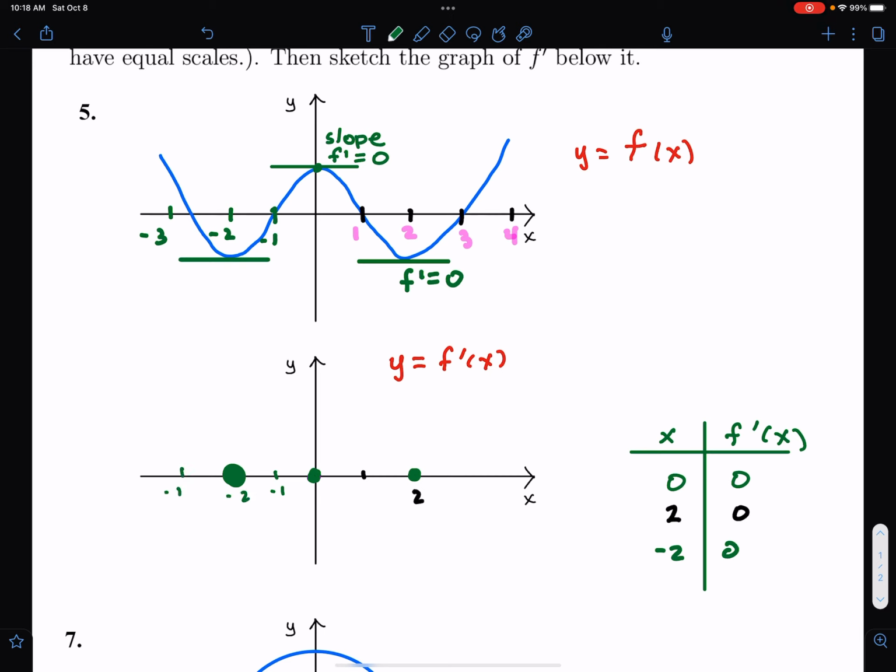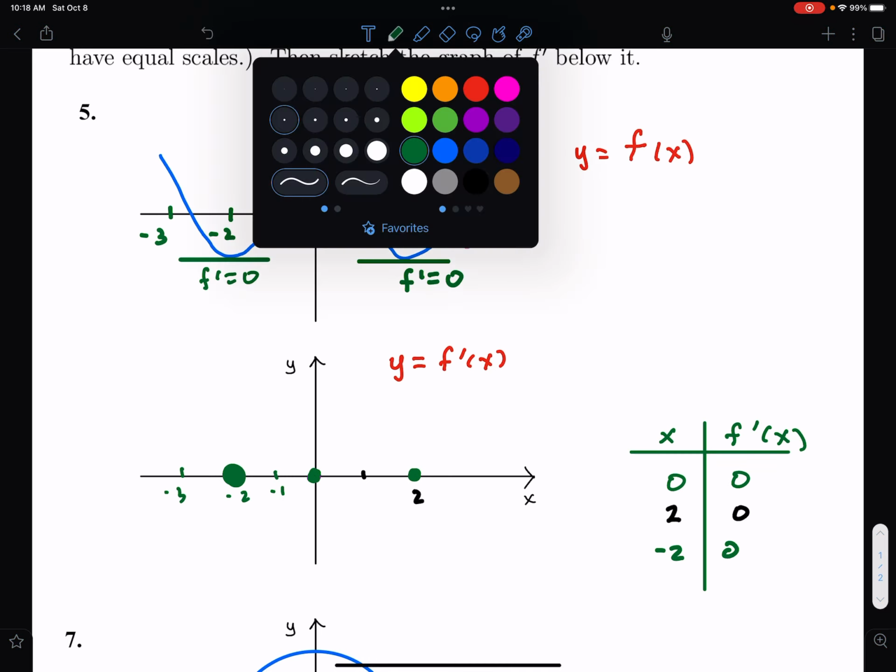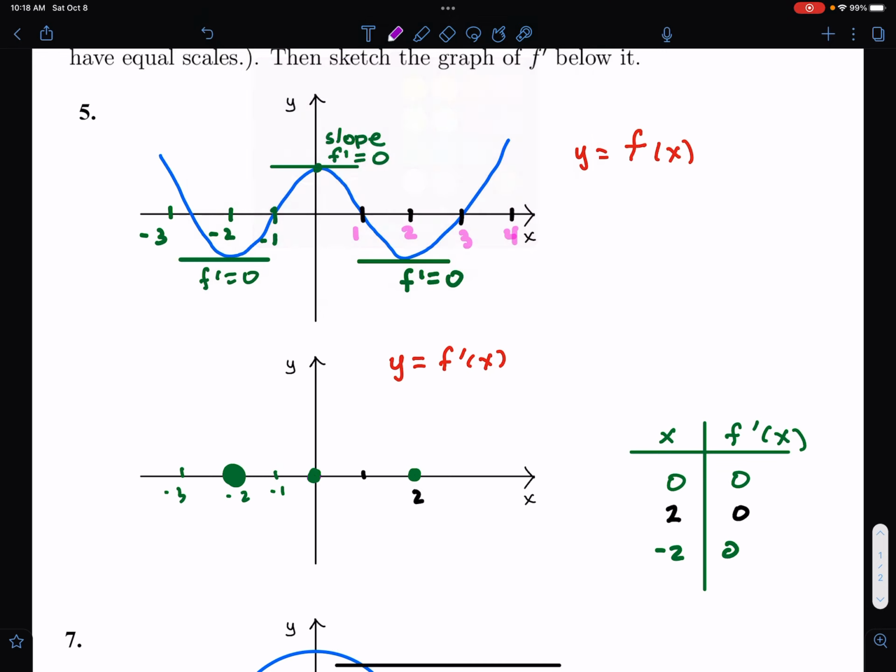All right, so the idea is that the y-coordinates of this graph are these numbers for slope. I filled in f prime is 0 because the tangent line is horizontal. Now I'm also going to look to see where the tangent line seems to be increasing at a 45-degree angle. I will draw that tangent line.